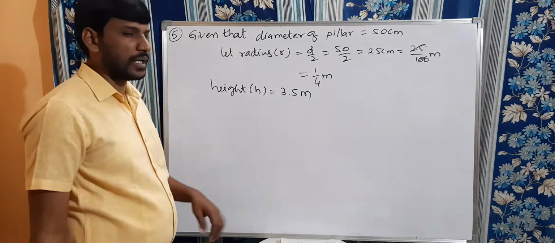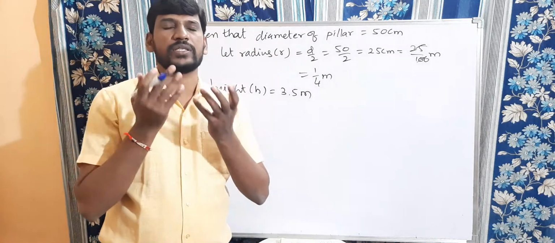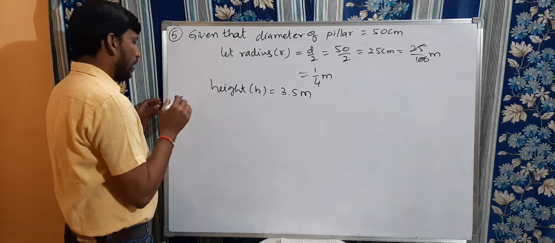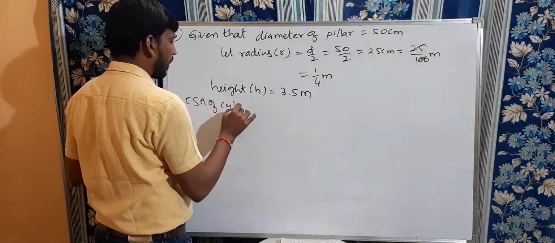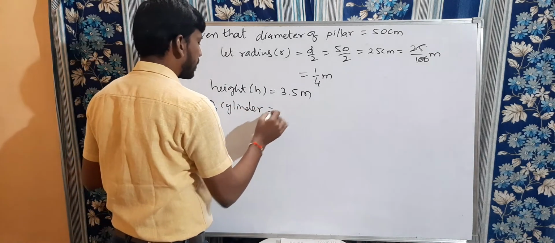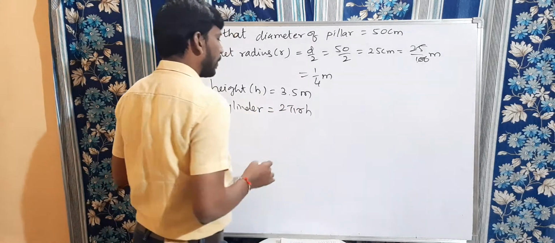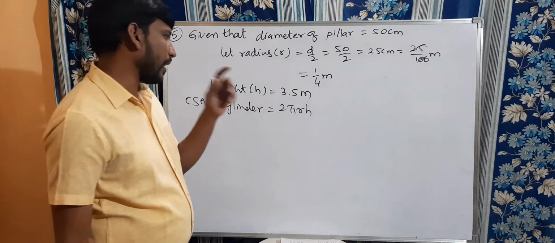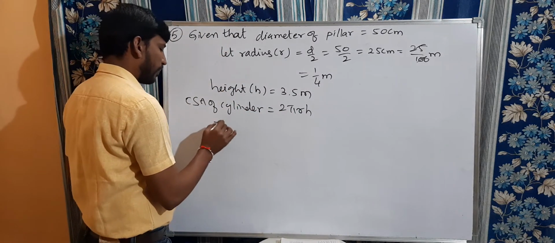Now they are asking directly the cost of painting of the curved surface area of the cylinder. Now CSA of cylinder, what is the formula here? CSA of cylinder is equal to 2 pi r h. We know the value of r, we know the value of h, we know the value of pi. Just substitute, you will get the answer.